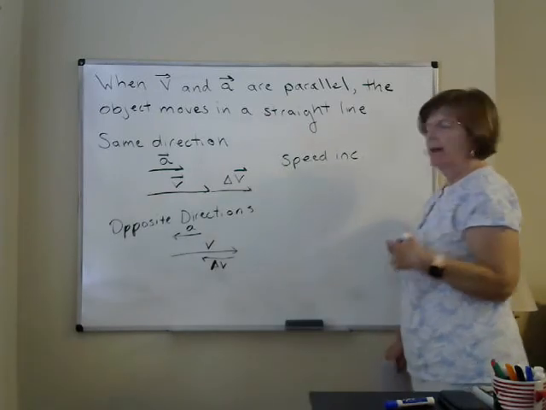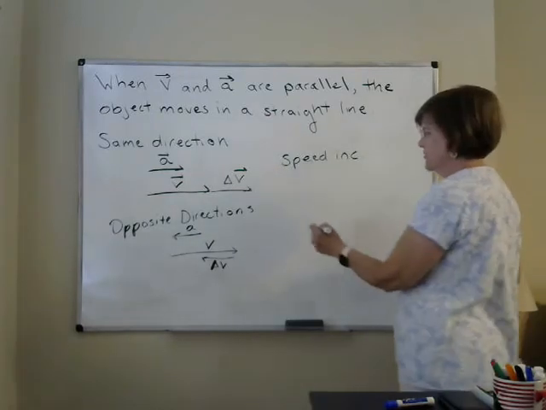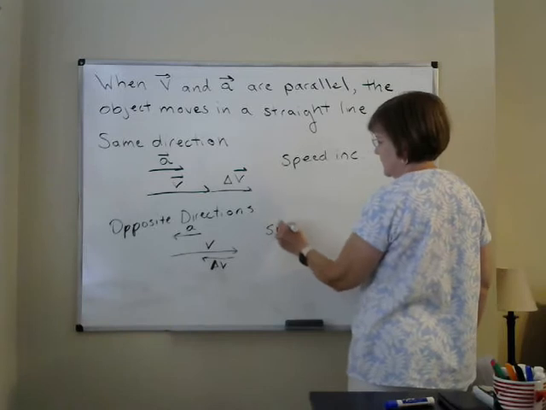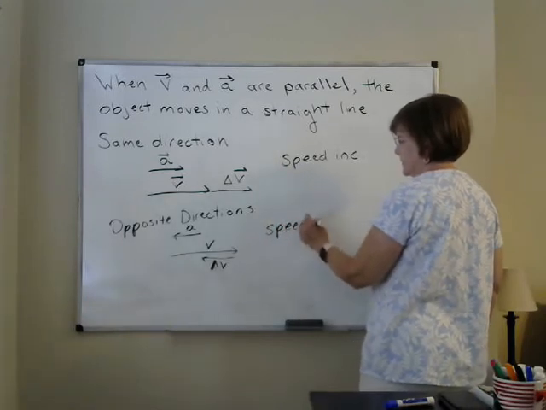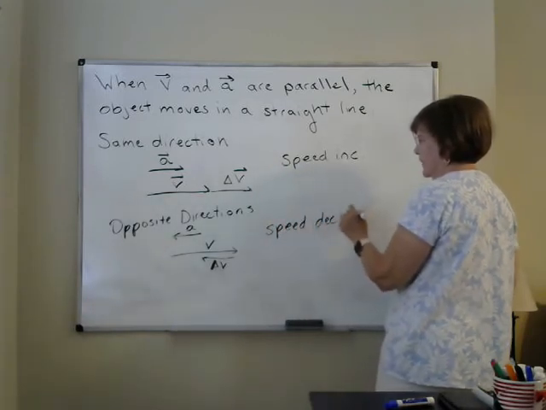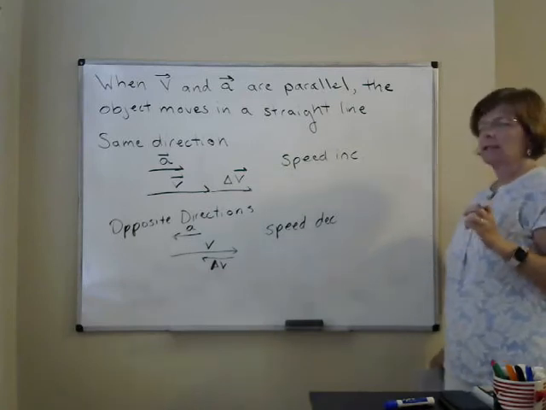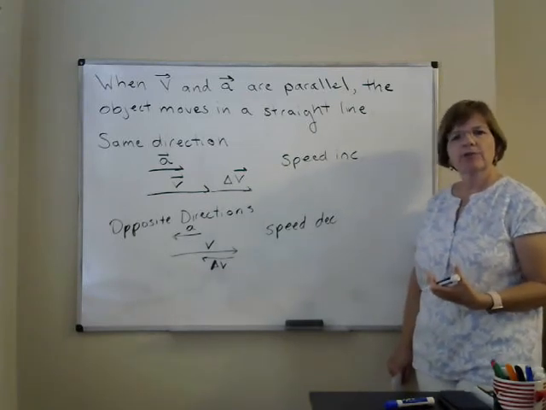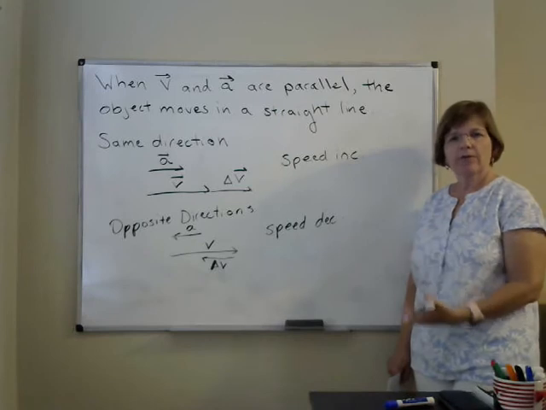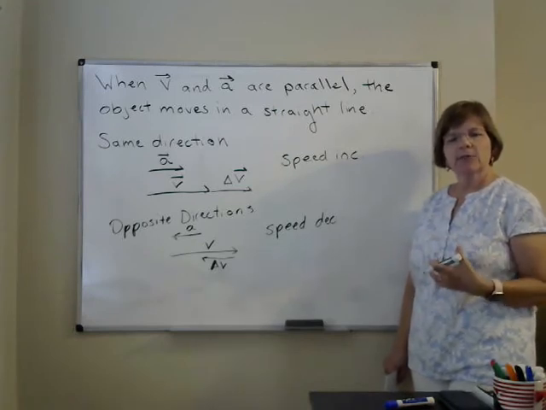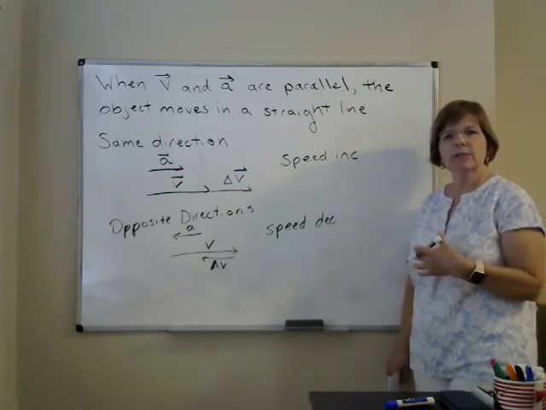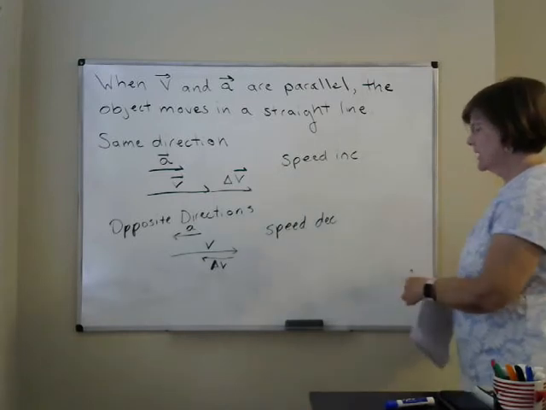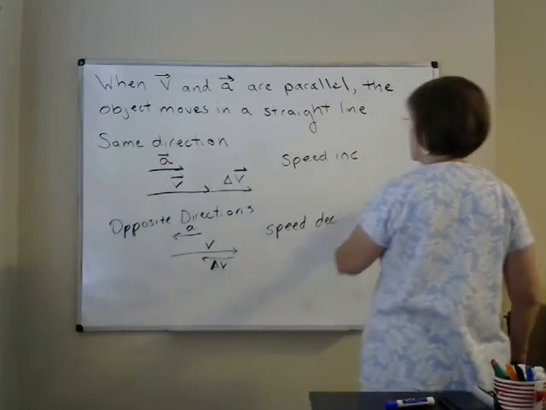The result of having a change in the opposite direction is that speed will decrease. So, velocity and acceleration point in the same direction for linear motion, that means you go faster. Velocity and acceleration point in opposite directions for linear motion, it means you slow down. Now, what else can happen?